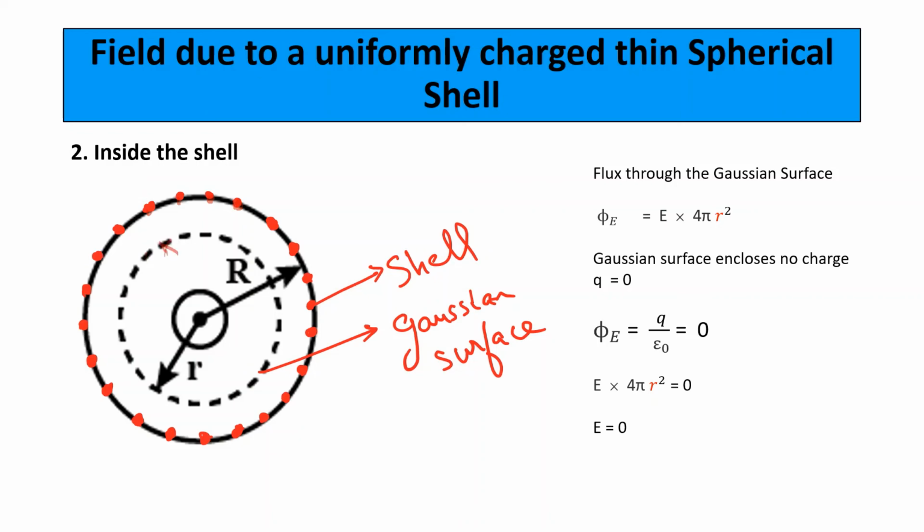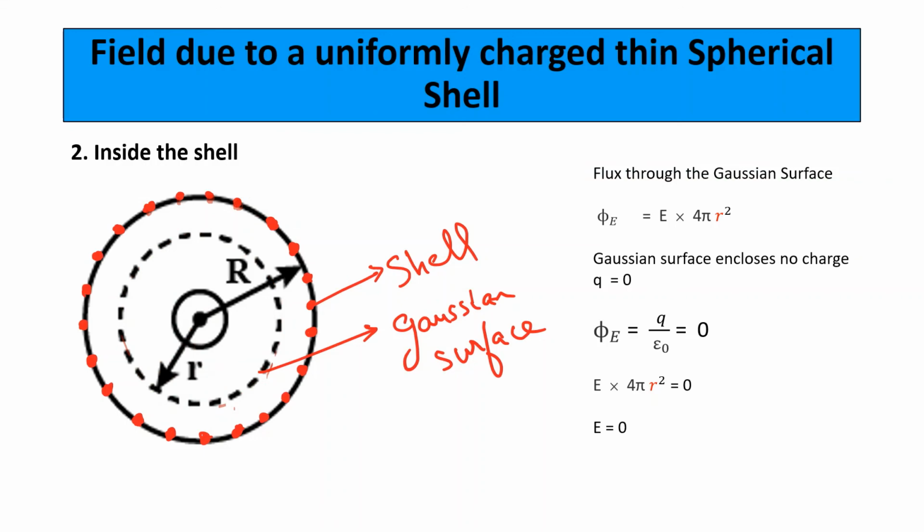Consider any point P and draw the Gaussian surface. This is the Gaussian surface. Small letter r is the distance from the center to this Gaussian surface which is inside the shell.